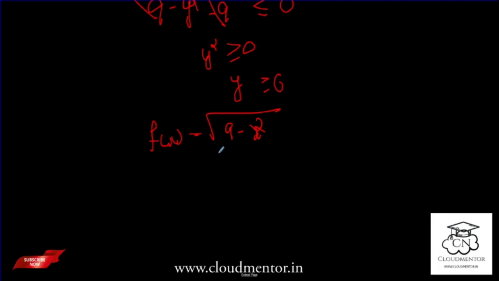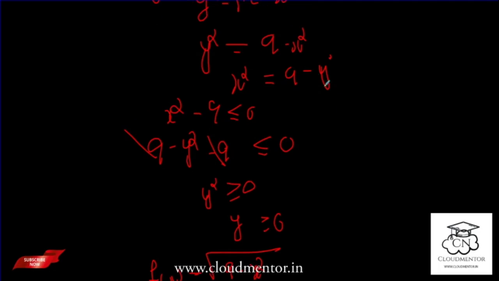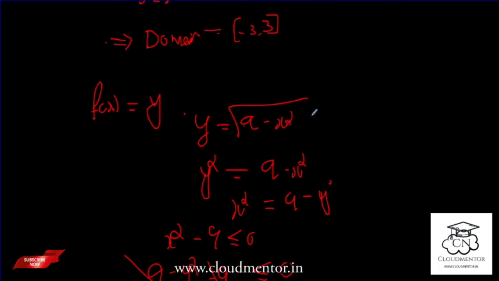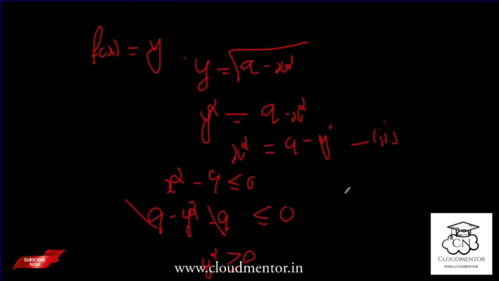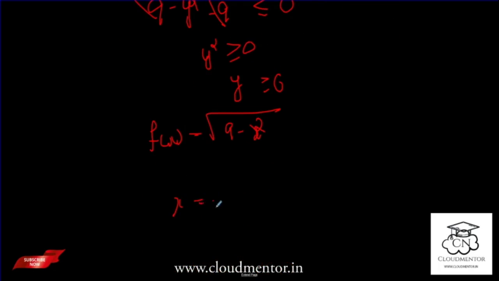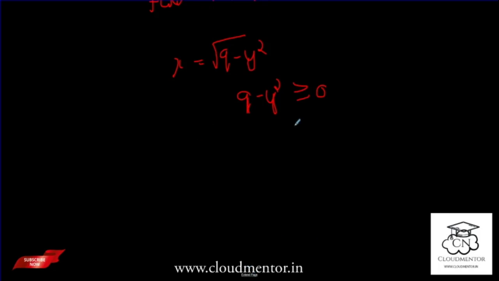From the equation x square equal to 9 minus y square, let that be the second equation, we can write x equal to root of 9 minus y square. That means 9 minus y square must be greater than or equal to 0, otherwise it will be a complex root, so it is not possible. So we can change the sign: y square minus 9 will be less than or equal to 0.